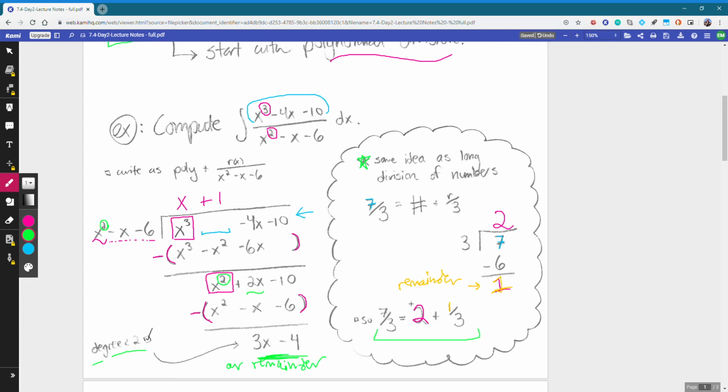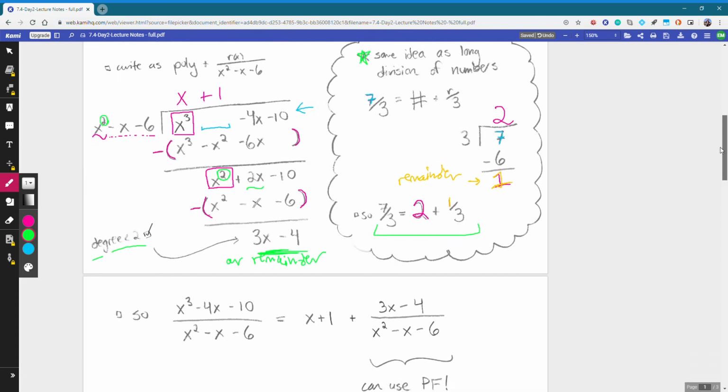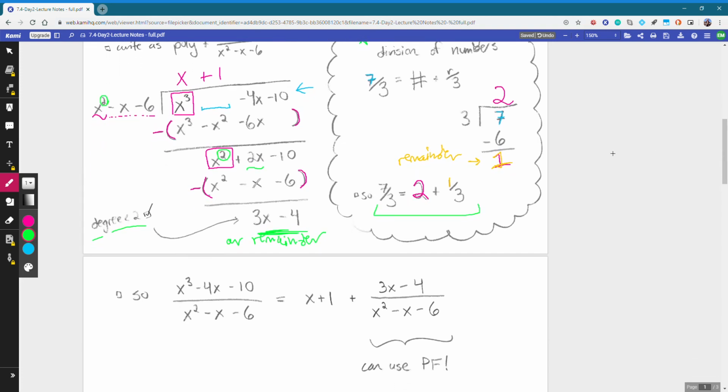It's going to be what we saw up top, right up here, plus our remainder divided by what we were dividing by. And so writing all that, here's our original fraction, here's our quotient, the x plus 1, and then plus our remainder divided by what we were dividing by.